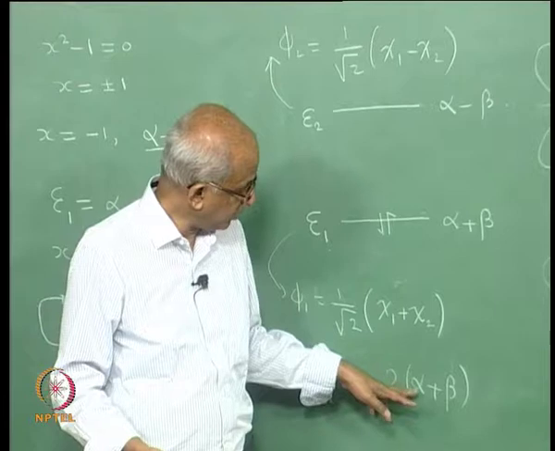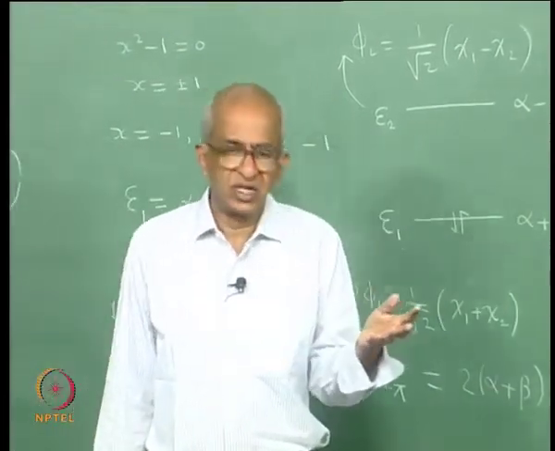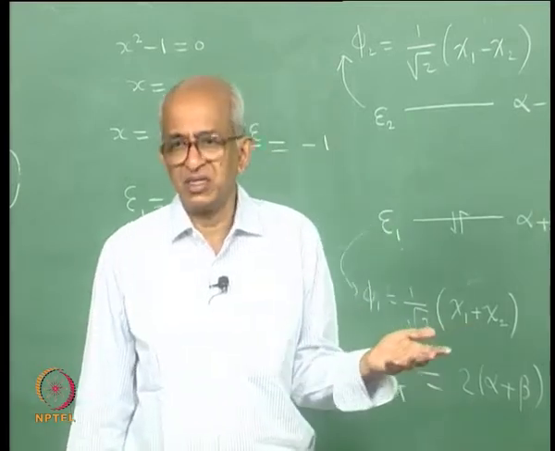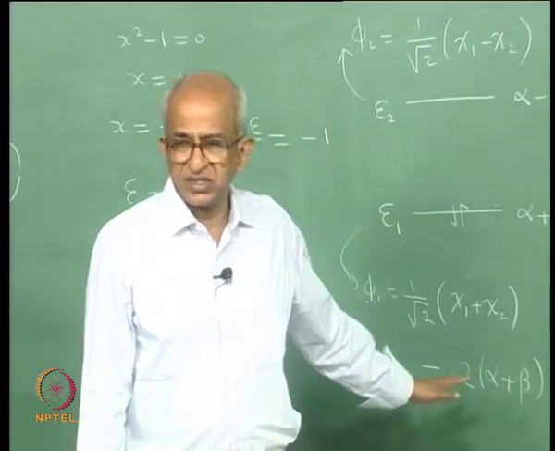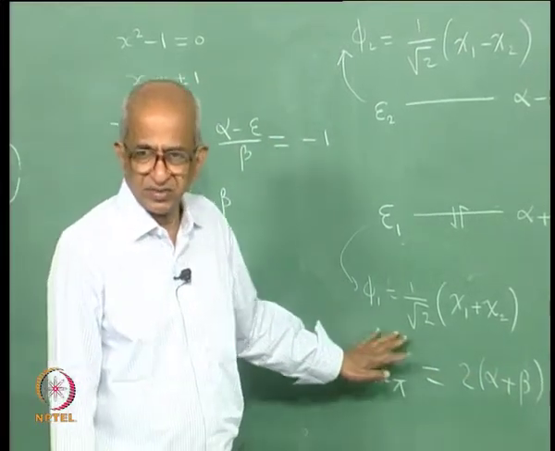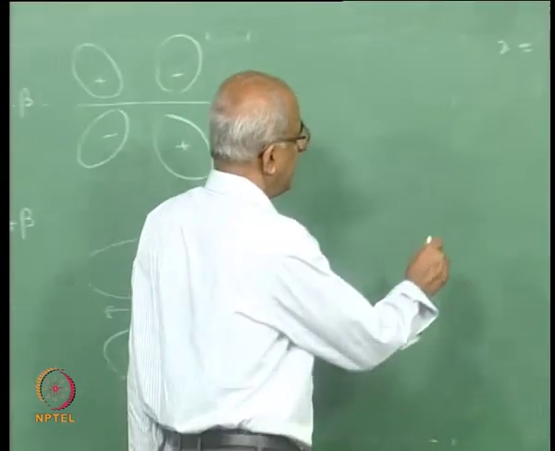So, what is usually done is this alpha and beta are taken to be parameters which are to be determined from experiment. Right, you adjust their values in such a fashion that there is best agreement with experimental values, and because of this, this is actually known as a semi-empirical theory.